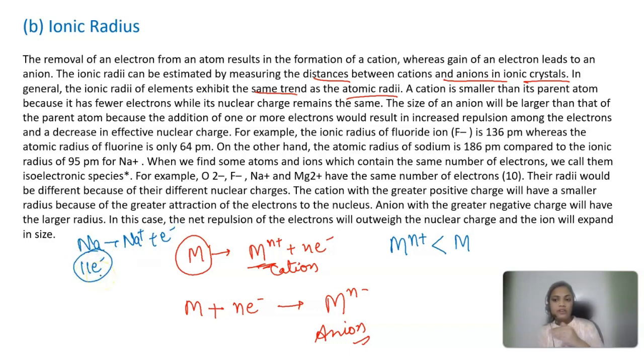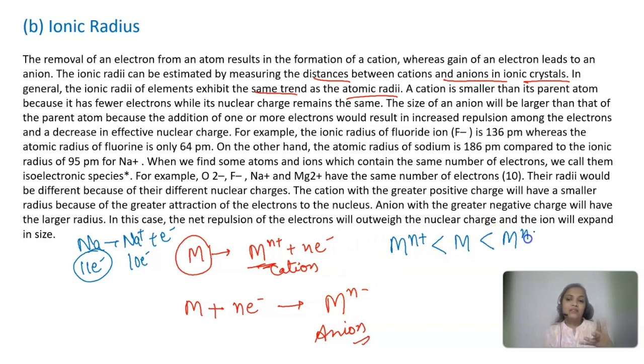Now when one electron gets removed, sodium has 10 electrons, right? The number of protons is the same, which means the nuclear charge is the same. So now those 11 protons are holding on to the 10 electrons. That means those protons will hold those 10 electrons more tightly, so the size would decrease.